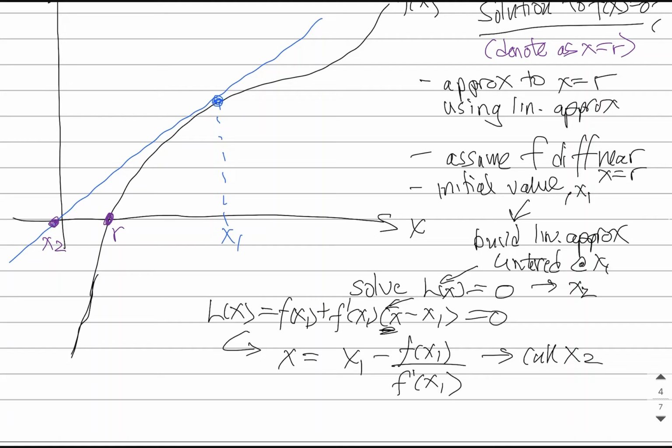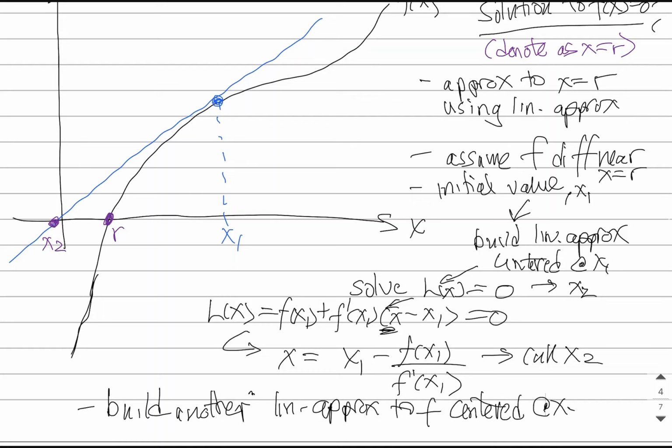So why would I want to do that? Okay, now I would build another linear approximation to the function centered at x2. So there's my x2 in the picture. If I go down to here and I build a linear approximation, shoom, it kind of does that.